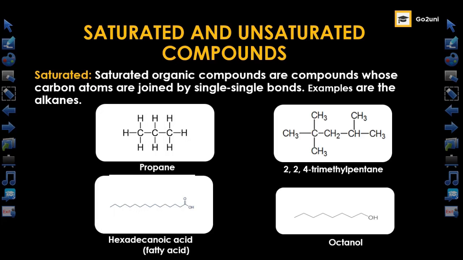Examples of these saturated compounds displayed on the board are propane, 2,2,4-trimethylpentane, hexadecanoic acid, which is a fatty acid, and octanol. Octanol is an example of an alcohol. So these are examples of saturated organic compounds.